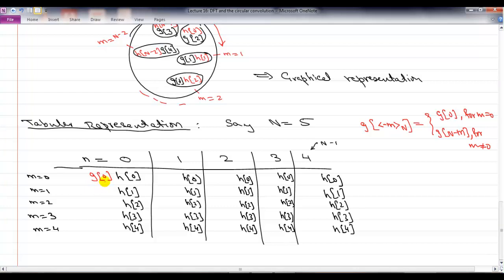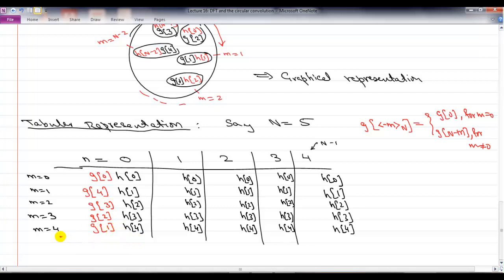I just write down G0, then the next sample of my circularly flipped version, which is G of 5 minus 1 equals 4. So I get G of 4 in the next row. Then I have G of 3, which is 5 minus 2. Then I get 5 minus 3, G of 2, and 5 minus 4, G of 1.